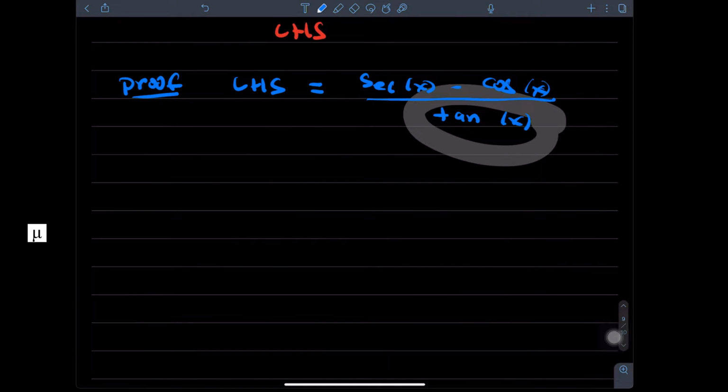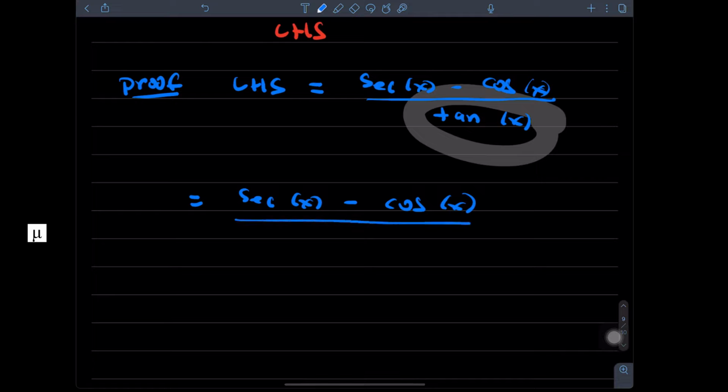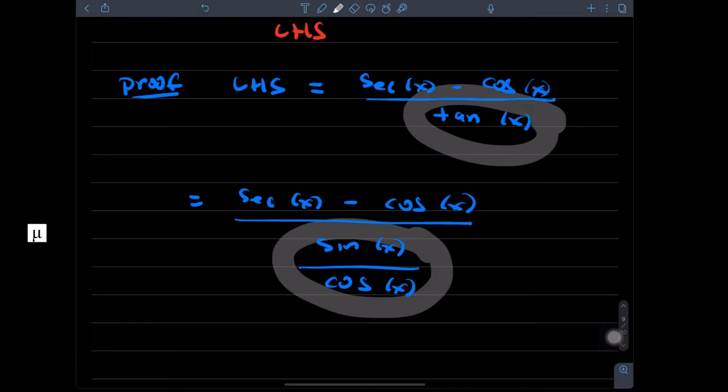What's the identity here? Secant minus cosine divided by sine over what? Cosine. Because what is this after all? Is that tangent?